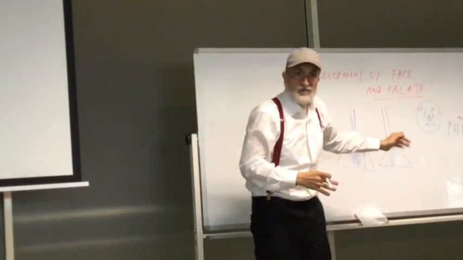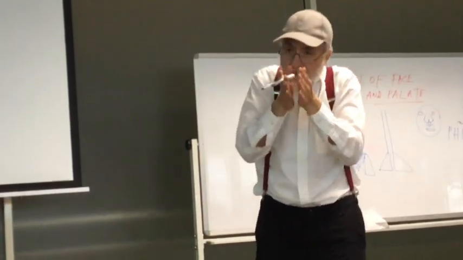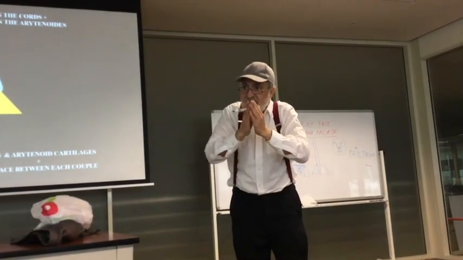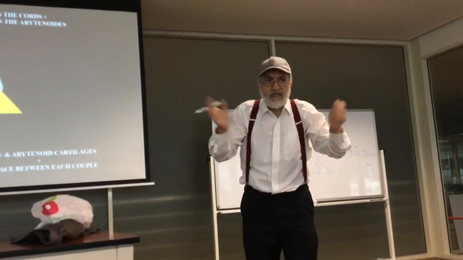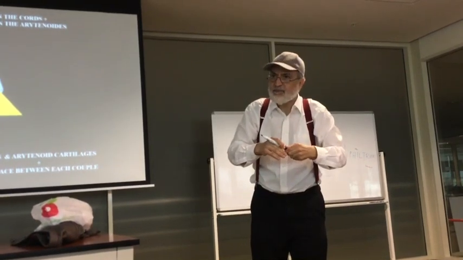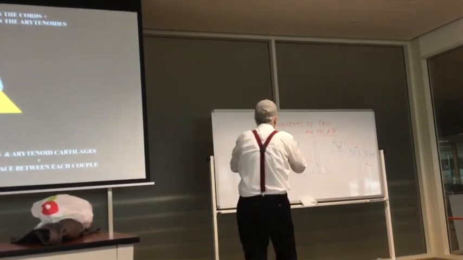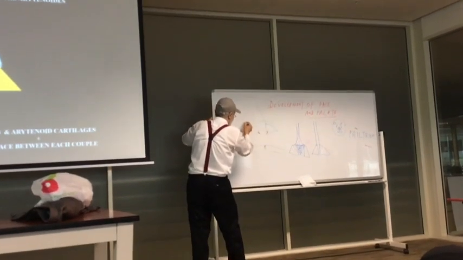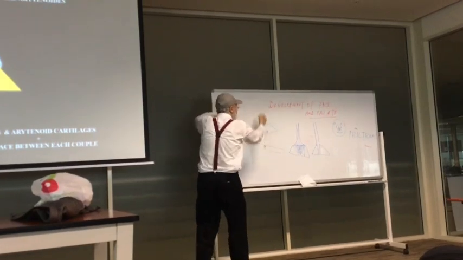So when I whisper, the membranous part of the rima glottidis is closed, but the intercartilaginous is open. When I don't speak, both of them are open, and I breathe.